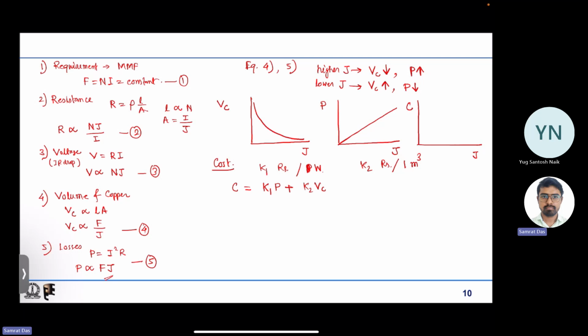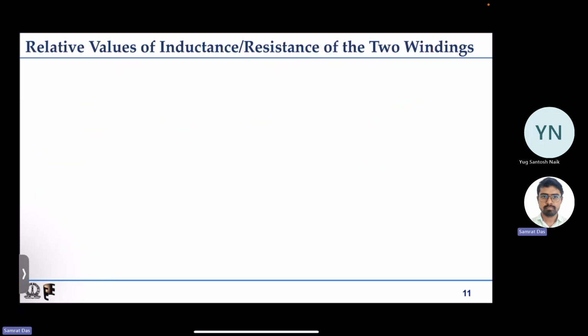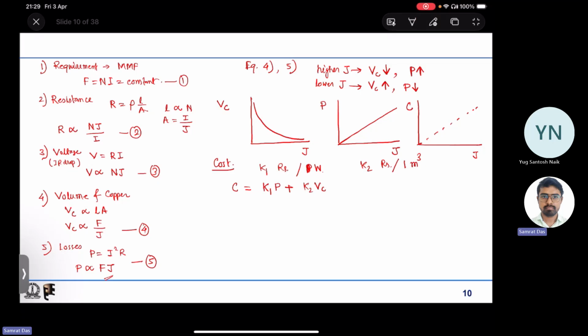So what will that be? That will be the point by point summation of these two earlier plots. If I indicate the straight line as a dotted one, then when j goes to a very high value, the volume actually goes to almost zero.